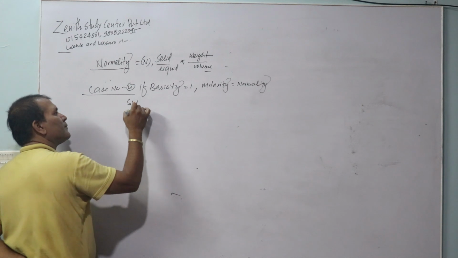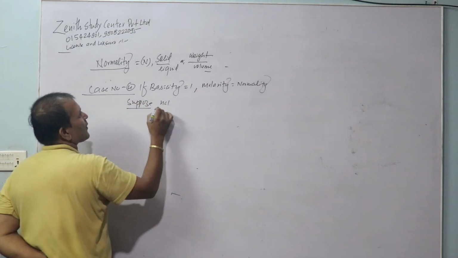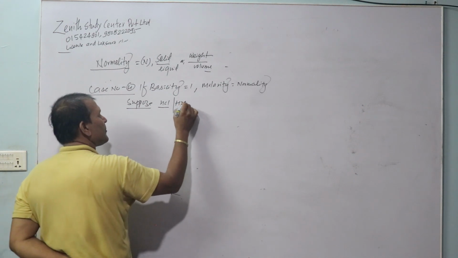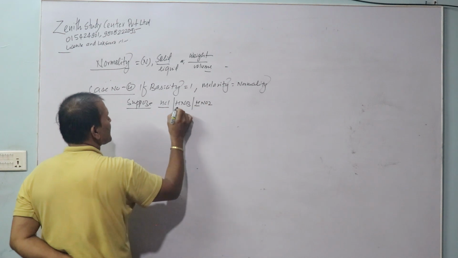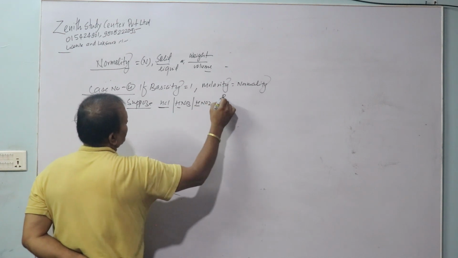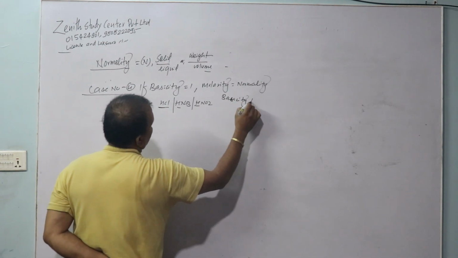Suppose HCl, HNO3, HNO2. Here the number of hydrogen is 1. The basicity is always 1.